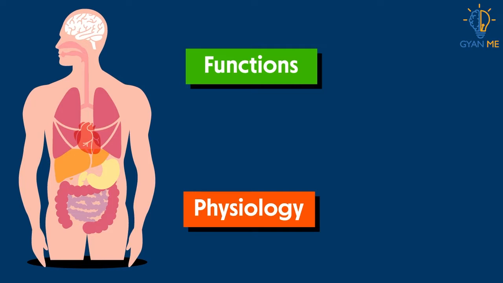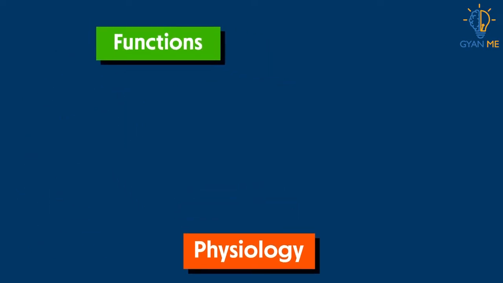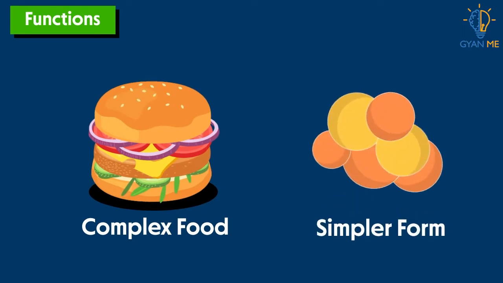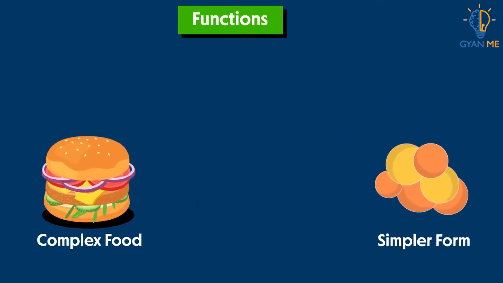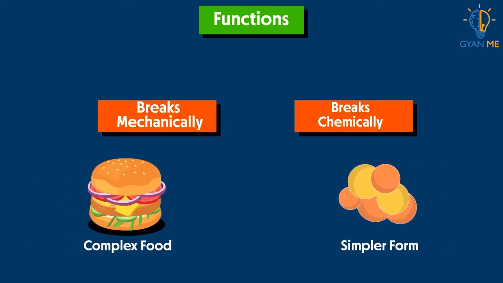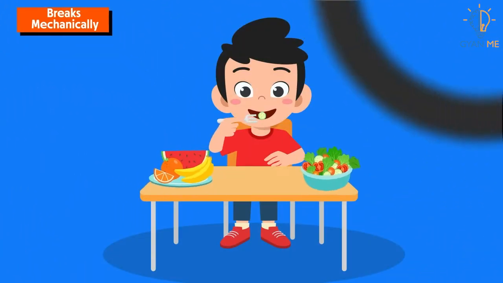The overall function of the digestive system is to convert complex food into simpler substances in two ways, mechanical and chemical. Larger pieces of food are mechanically degraded into smaller ones. Do you know how, students? Yes, by chewing.